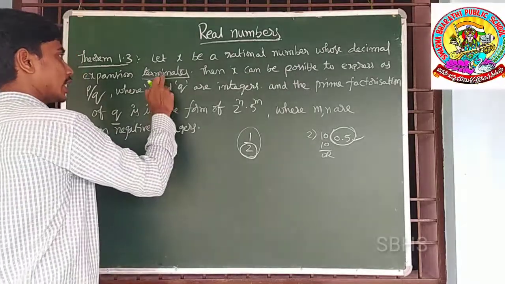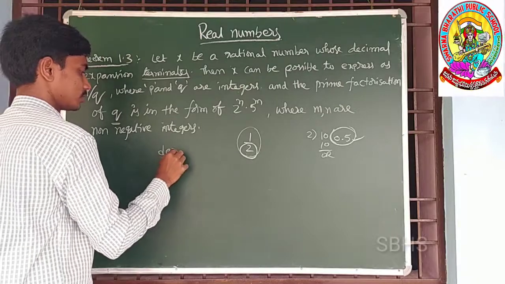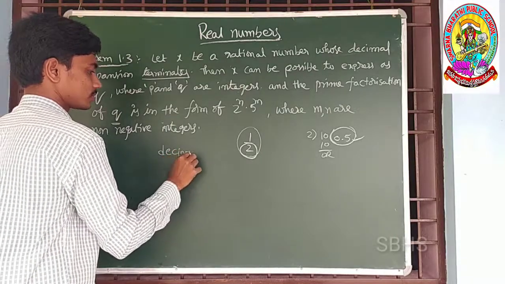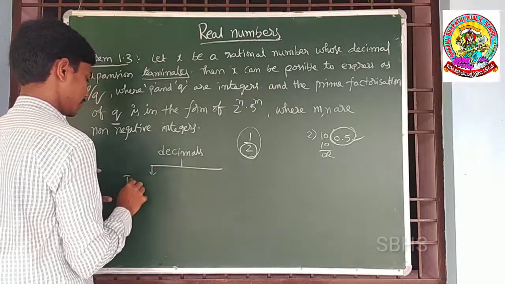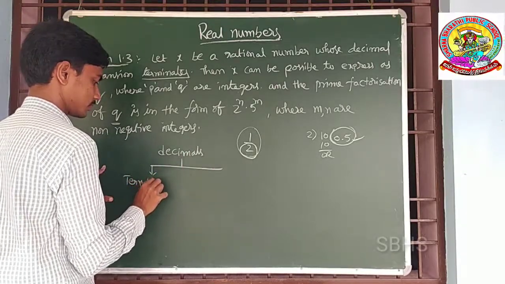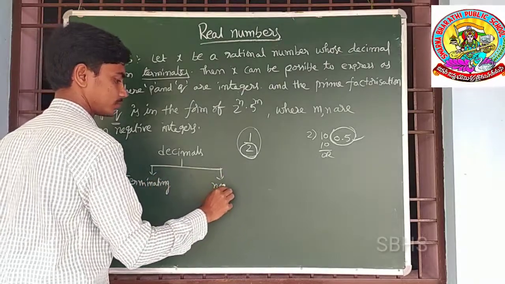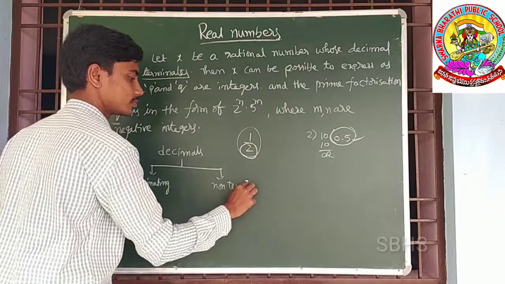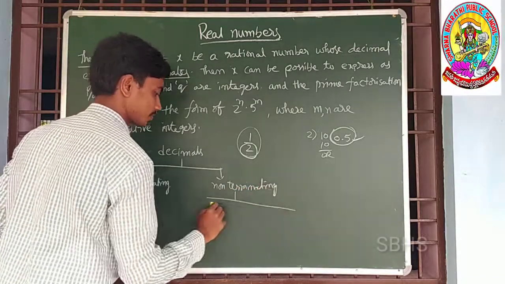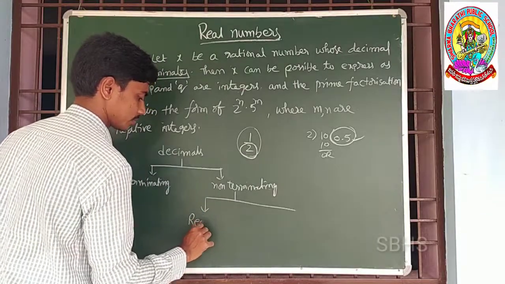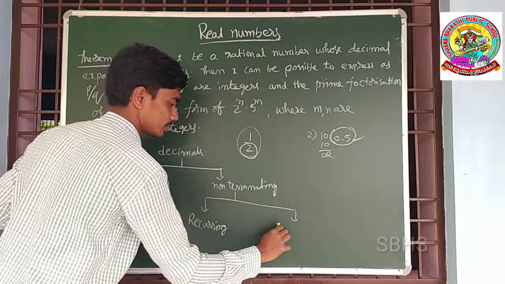One is terminating decimals, the other is non-terminating. Again non-terminating are of two types: recurring and non-recurring.